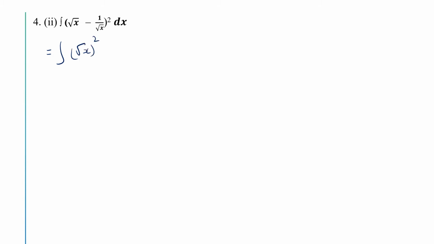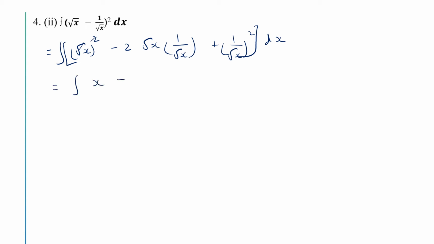So root x the whole square minus 2 root x into 1 by root x, then plus 1 by root x the whole square, into dx. Root x the whole square, the root and square will go. This is equal to integral x minus 2, since root x and root x will go, then plus 1 by root x the whole square is 1 by x.